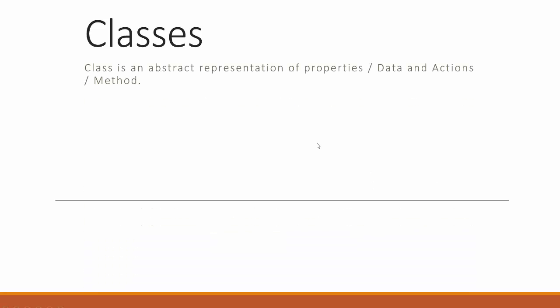If you look at the definition of a class, it is basically an abstract representation of properties or data and actions or methods, right? So a class is just an abstract representation in object-oriented programming.